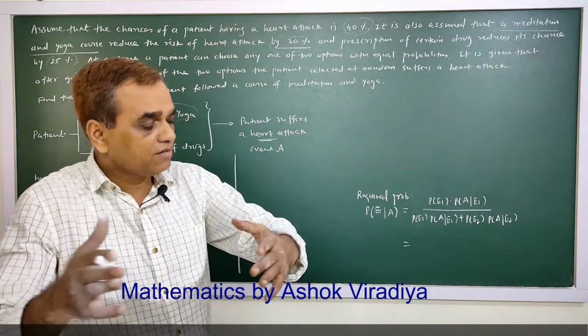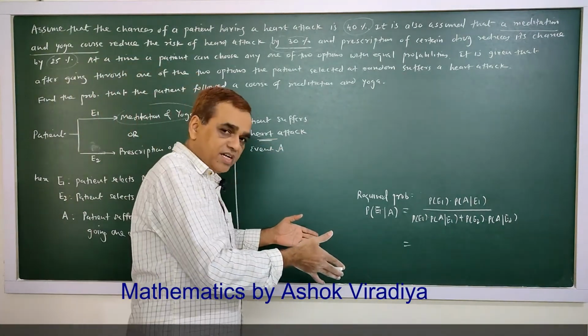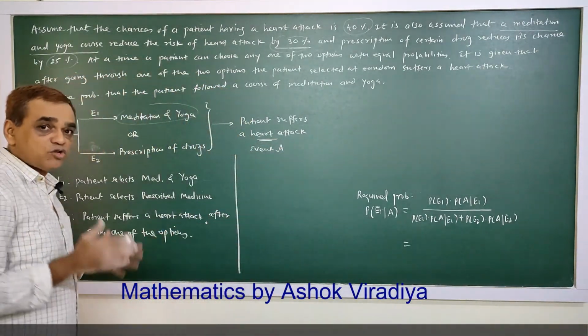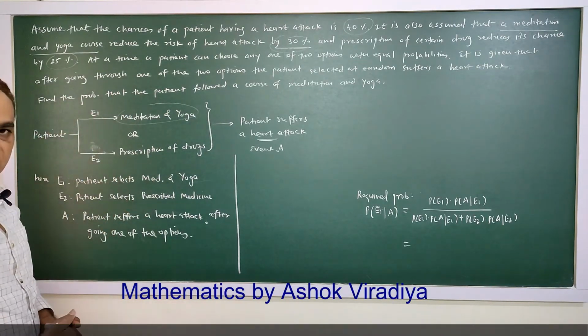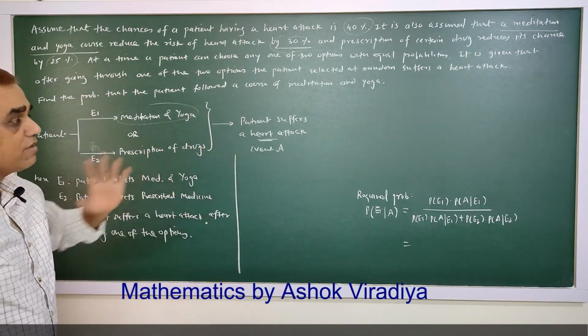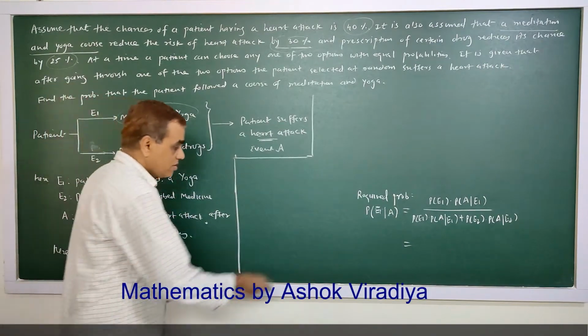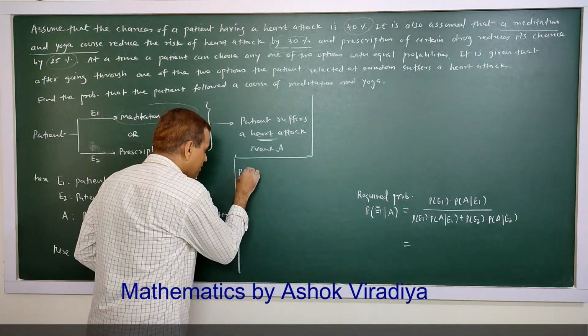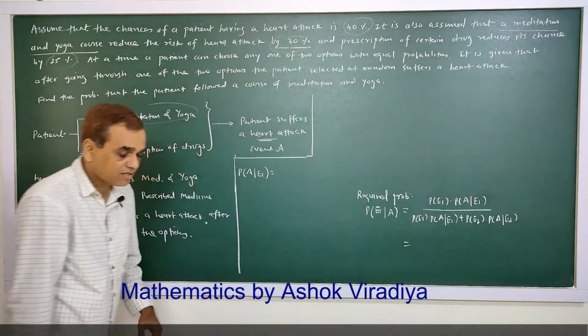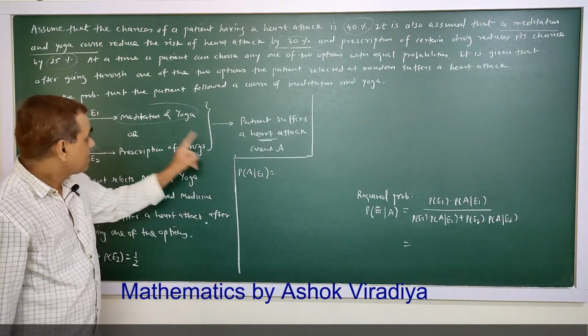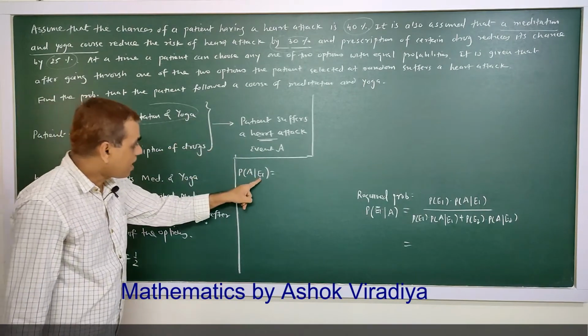First of all, we have to determine the method, that is, which rule will be applicable. So you have to understand the story, what is given and what is required. Now let me calculate all values one by one. Probability of A by E1 means the patient chose meditation and yoga.